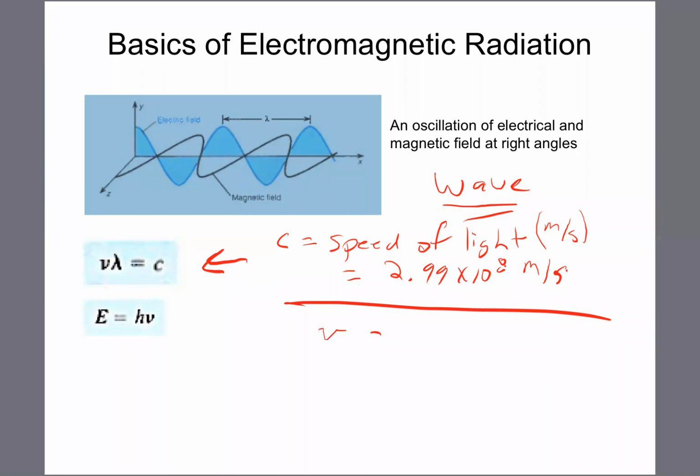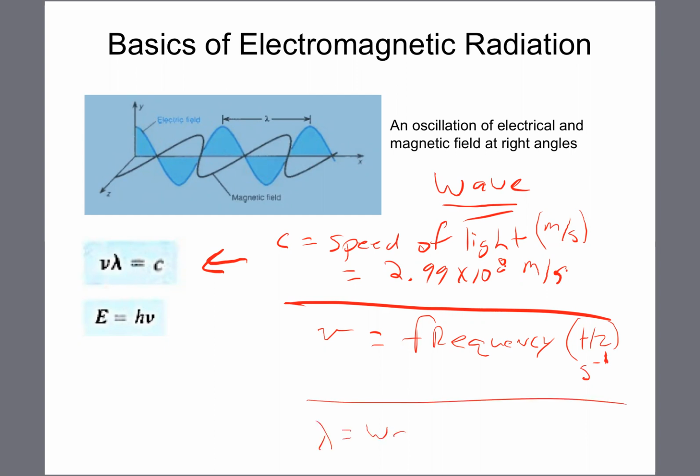The funny-looking ν is the frequency of our electromagnetic radiation, measured in hertz, which also has units of cycles per second, s^-1. Our λ is called the wavelength, measured in distance units. For use in this equation, we're going to use meters.